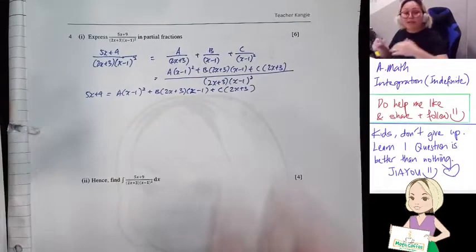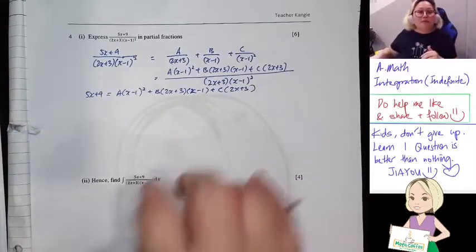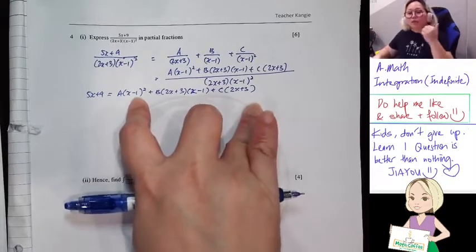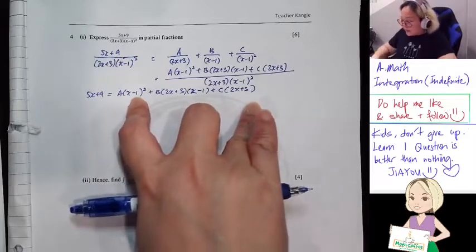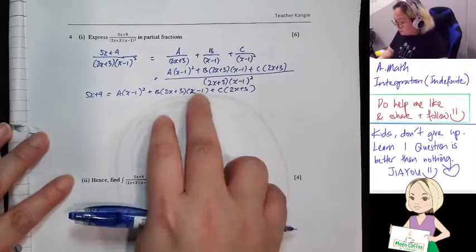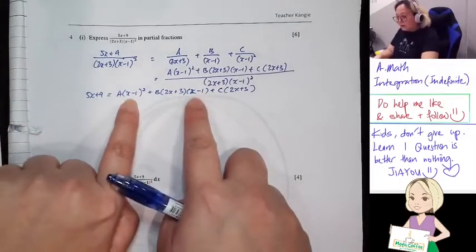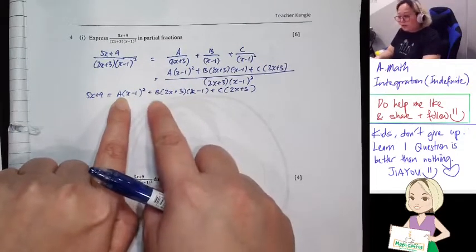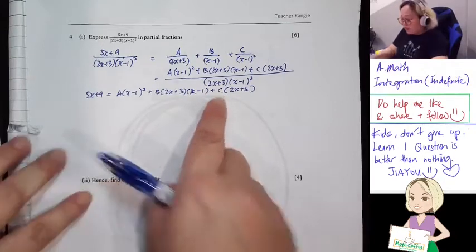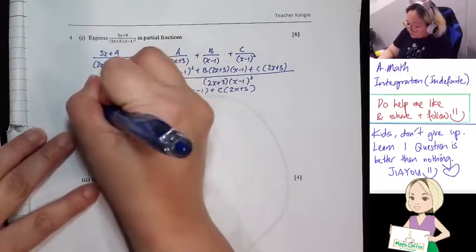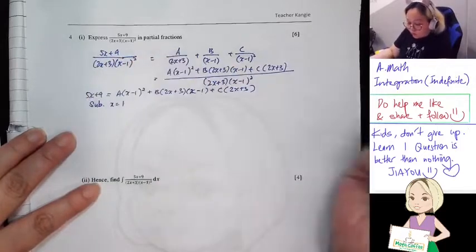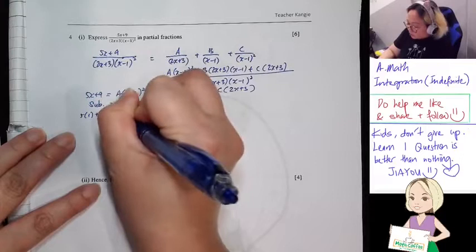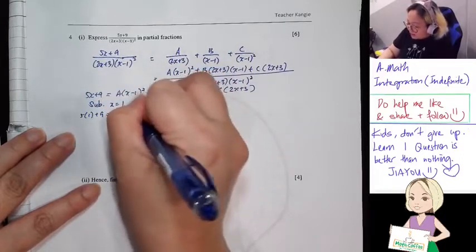I will substitute suitable values, because I would find it very tedious to expand the right hand side. So I will substitute x equals 1. When I substitute x equals 1, my a disappears and my b also disappears, so I am left with c. So 5 times 1 plus 9 equals c times 2 plus 3.